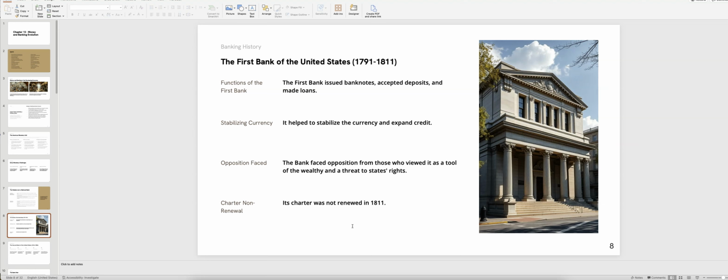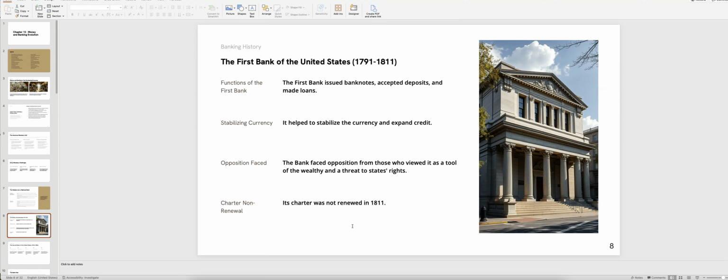The first Bank of the United States did achieve its goals, despite the fact that the charter was not renewed. It helped incredibly in stabilizing the currency, getting the currency accepted internationally, and expanding the overall credit rating of the United States. This bank also served as a lender of last resort.